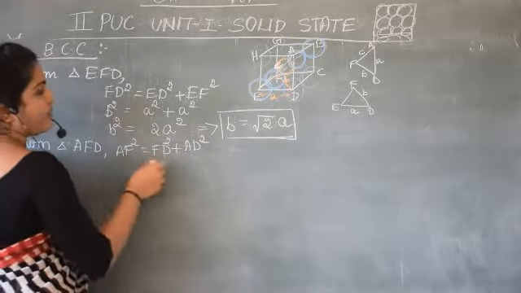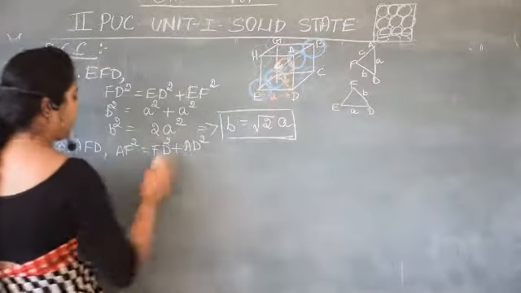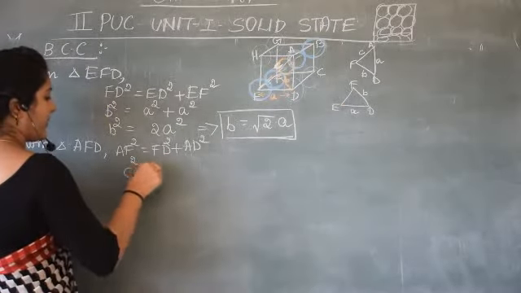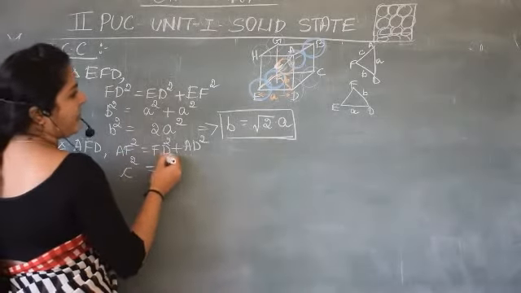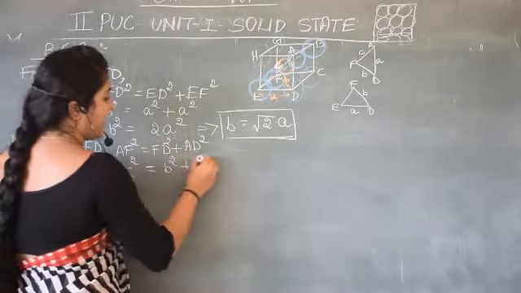So what is AF square? AF square is C. C square is equal to FD square, which is B square, plus A square.